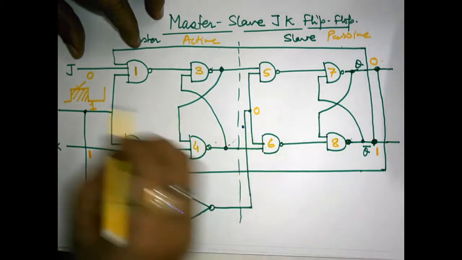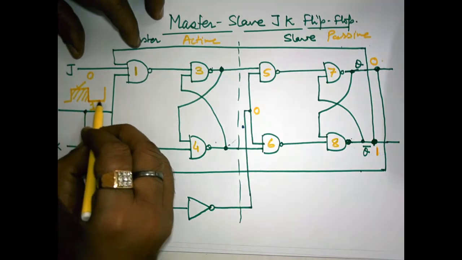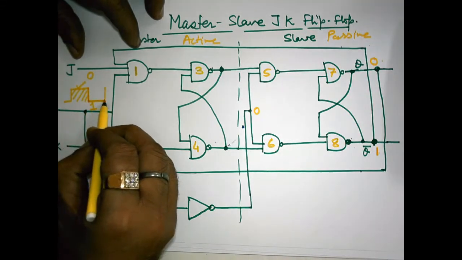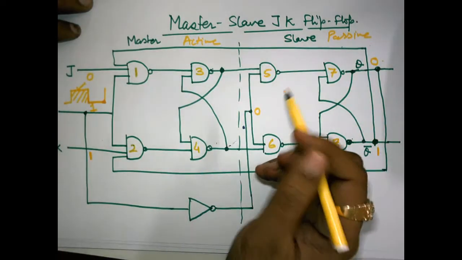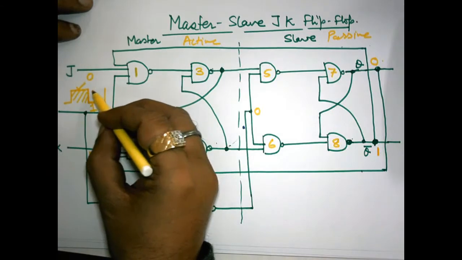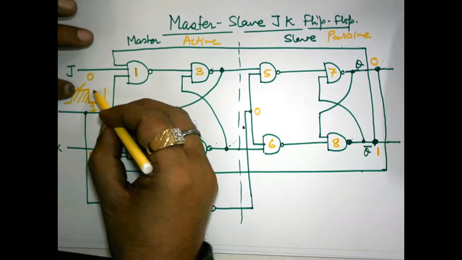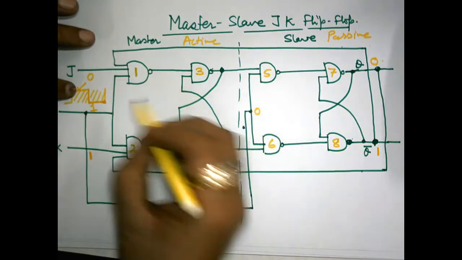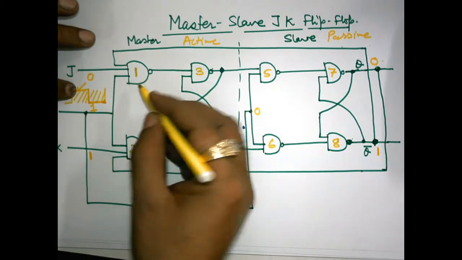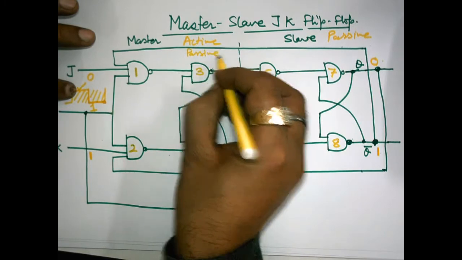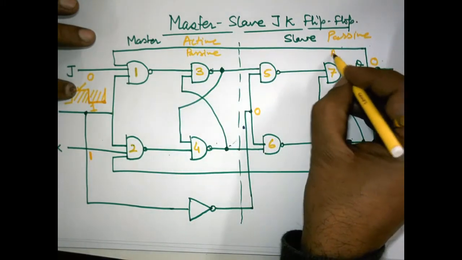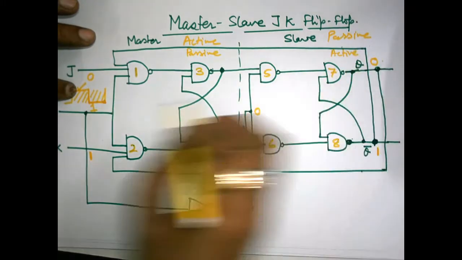Okay, and if you see just after this, what will be applied in the clock? 0. In this part of the clock cycle, what situation appears? This master part of the circuit becomes passive and the slave part of the circuit becomes active. Why?